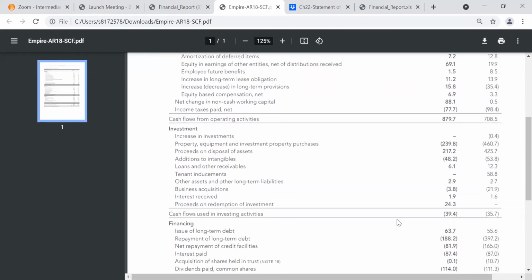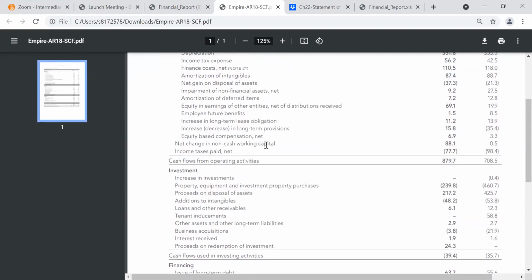So that's that. For investing activity, we did say the net investment is minimal. However, it doesn't mean the company did not invest. Actually, the company spent quite a bit, 239.8 million in 2018 on property, equipment, and investment purchase.